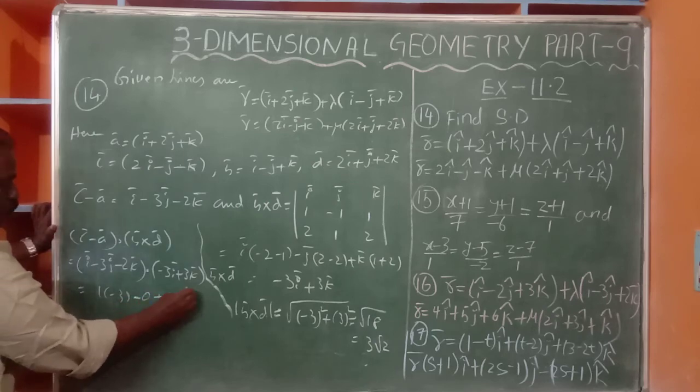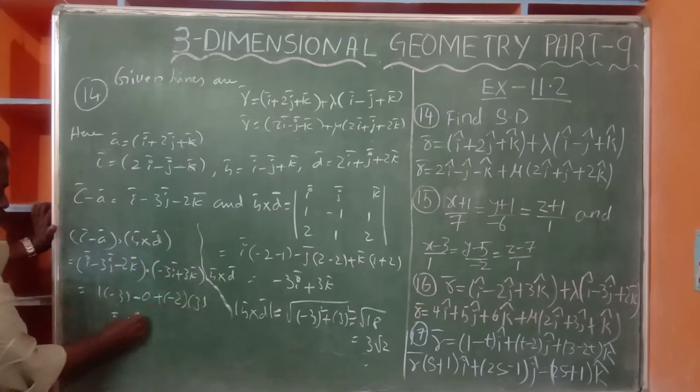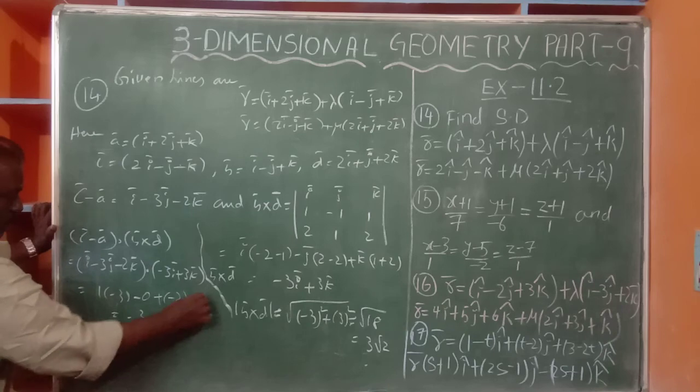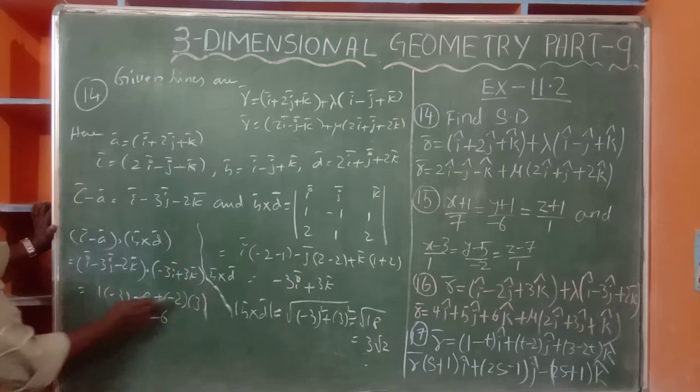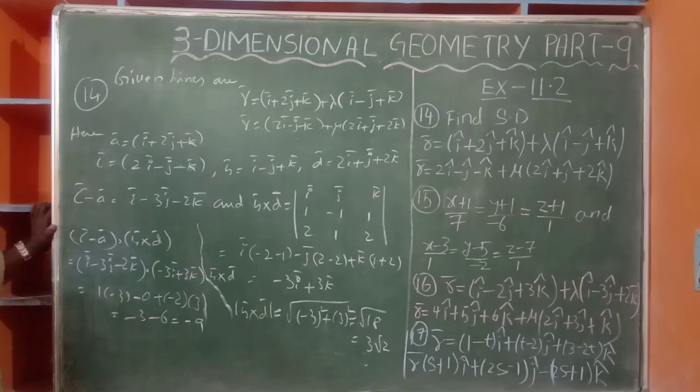Plus minus 3 into 3, k dot k. So it is minus 3 and minus 9. Minus 3, minus 9, so it is minus 12.